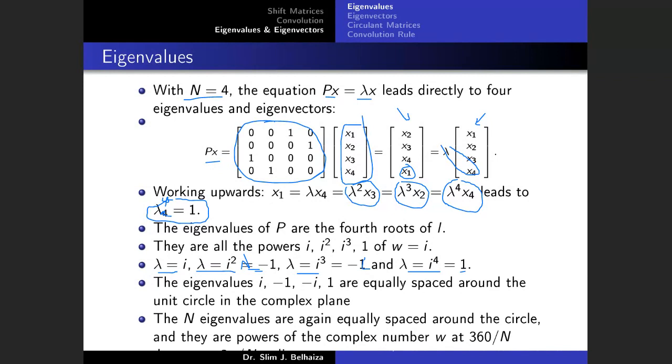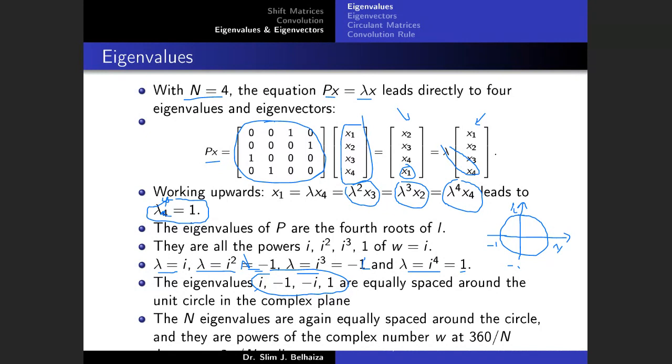Sorry for that, guys. So the eigenvalues, in fact, you can find are i, -1, minus i, and 1. And as you might observe, they're equally spaced around the unit circle in the complex plane. So you place 1 here, you place i here, you place -1 here, and you place minus i.